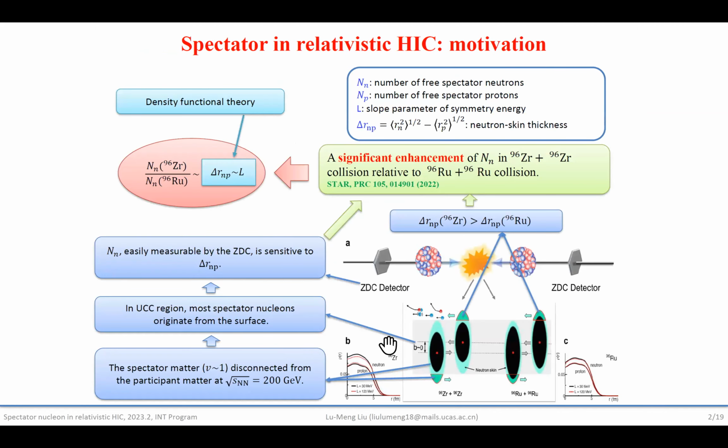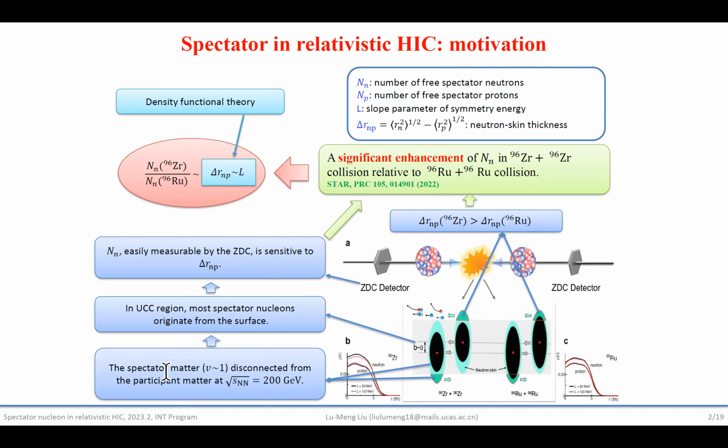The idea of this study can be illustrated by this cartoon, where we compare zirconium and ruthenium collisions. The zirconium nucleus has more neutrons and hence a larger neutron skin than ruthenium, shown here.